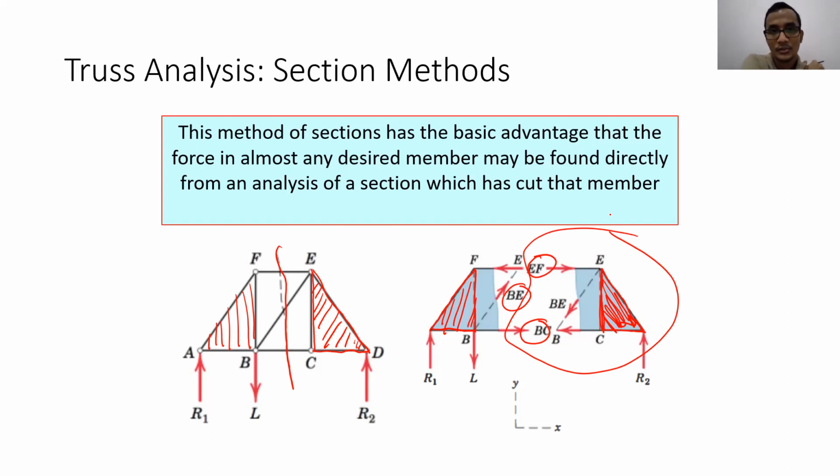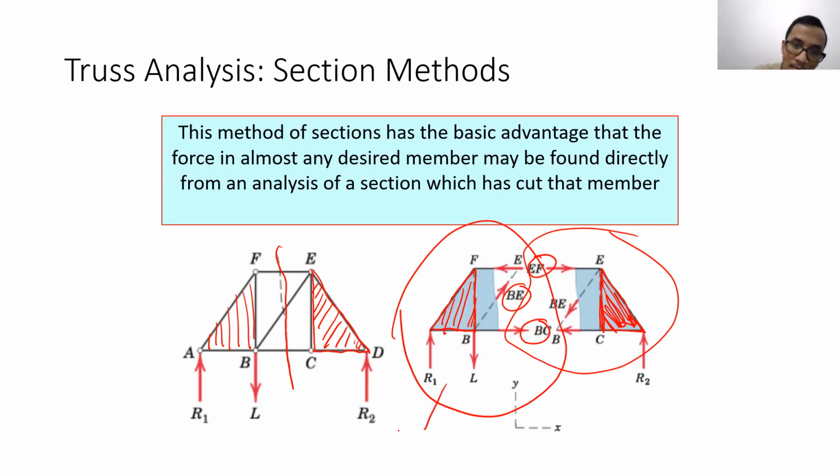Okay, so in the section method, you can cut up to 3 members, and those members will become external forces. And you can solve each free body diagram using equilibrium equations. So the first free body diagram, you have sigma Fx1 equal to 0, sigma Fy1 equal to 0, and sigma moment 1 equal to 0.